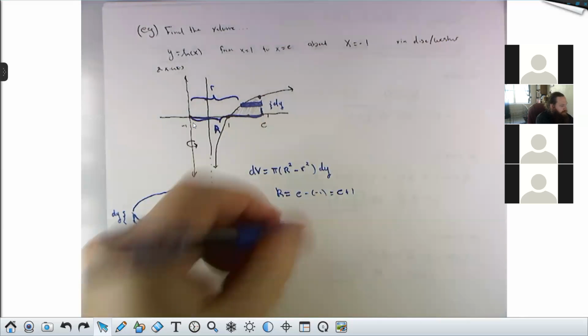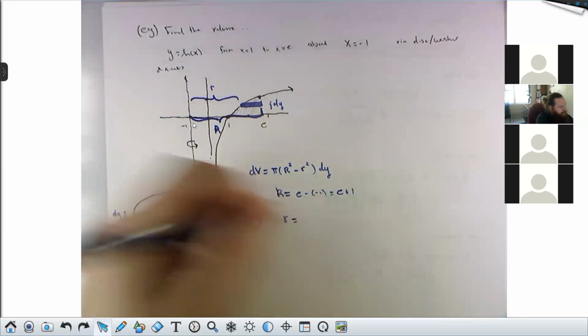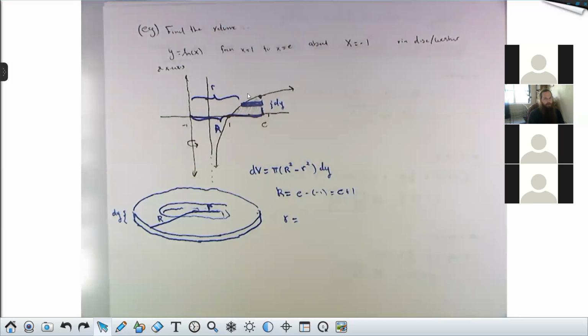Little r is a bit trickier. I want to take the x value here minus the x value here. I know this is -1. What's the x value over here?